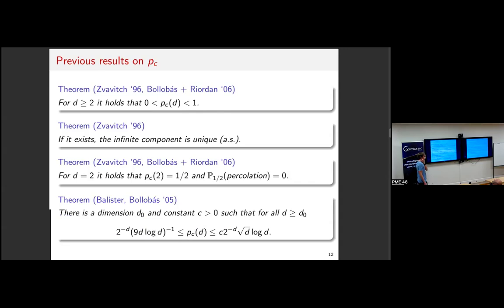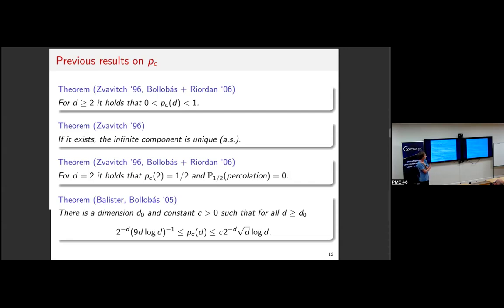Then the question has also been studied for larger dimensions. If the dimension is large enough, there exist lower and upper bounds on p_c. The precise values here are not so important, but maybe remember the 2 to the minus d leading order term on both sides, as they will show up later as well.